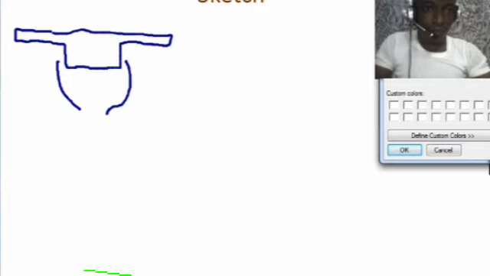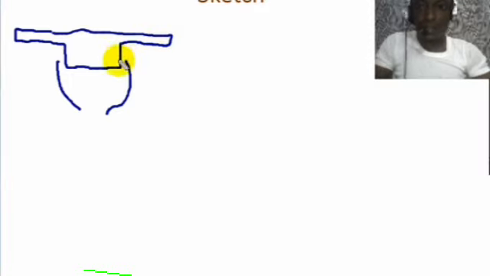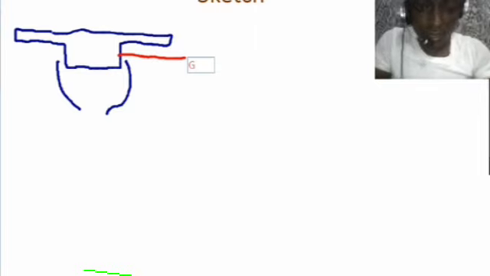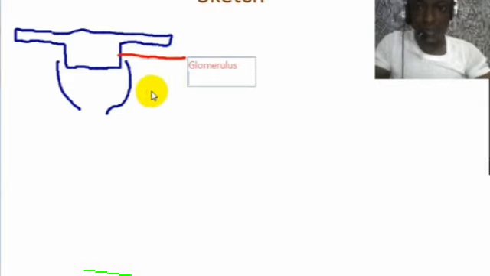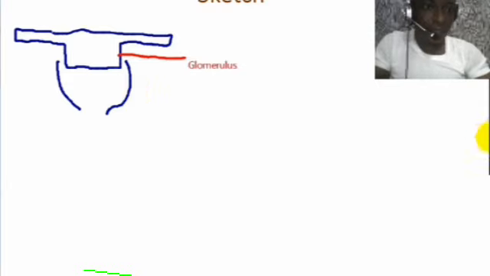So I'll just label the parts. This is the glomerulus. And this part is the Bowman's capsule.